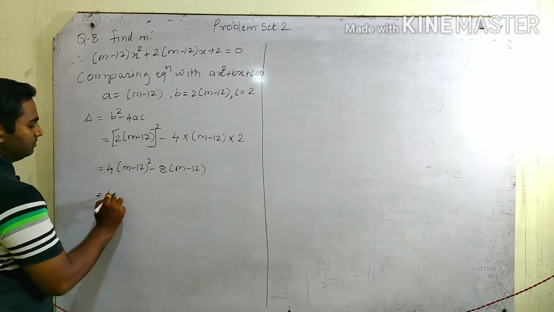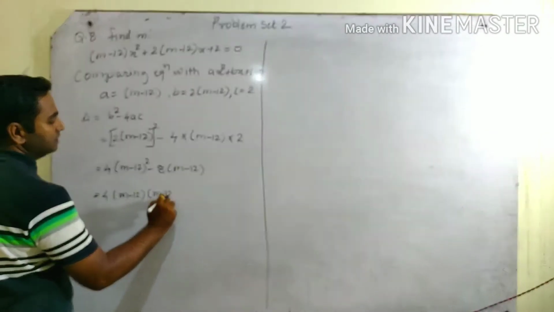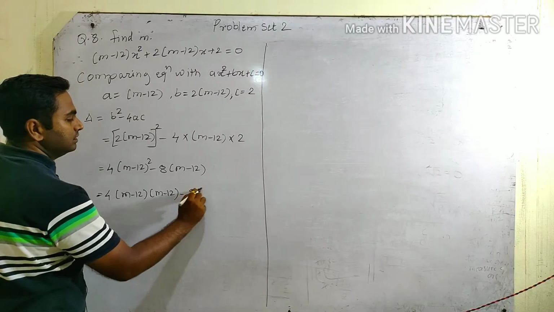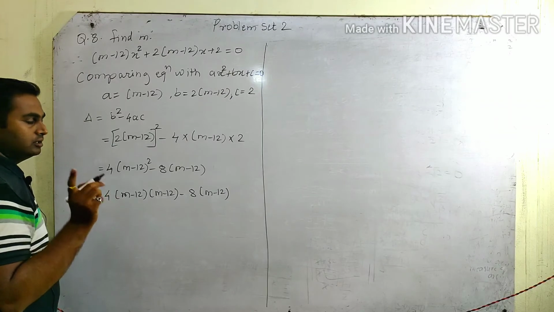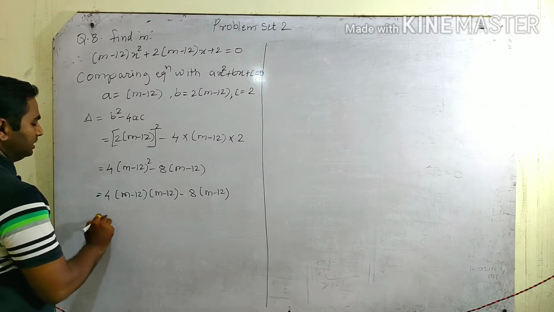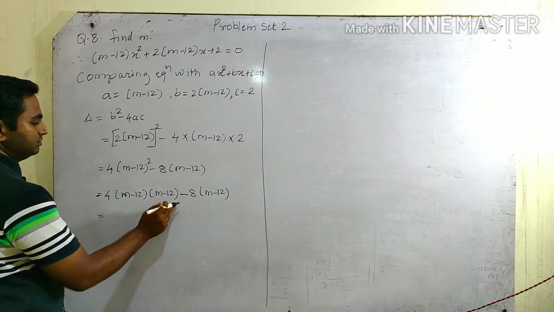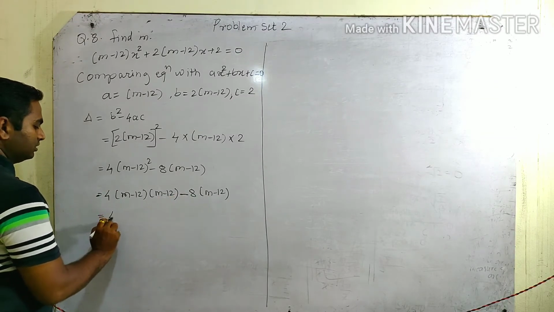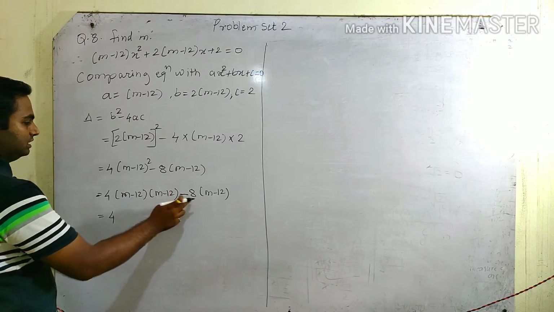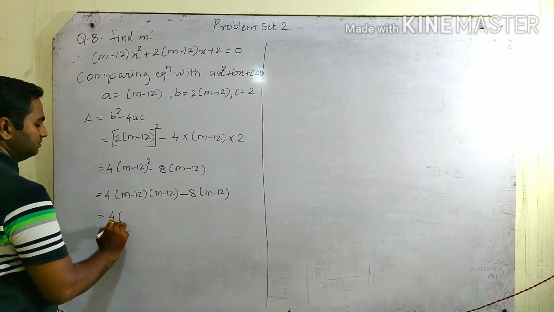So 4 multiply (m minus 12)(m minus 12) minus 8(m minus 12). Now we can take common from both sides. Here the minus sign is there, and 4 we take common, because 8 is here, so 4 is also here, and m minus 12 is also here.